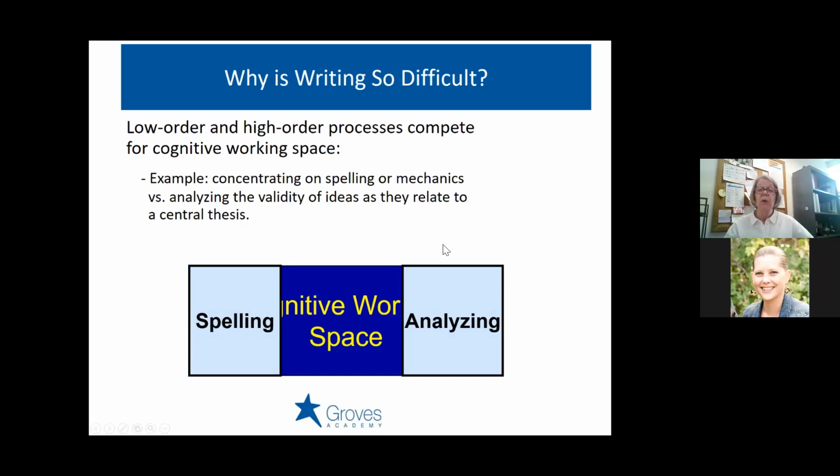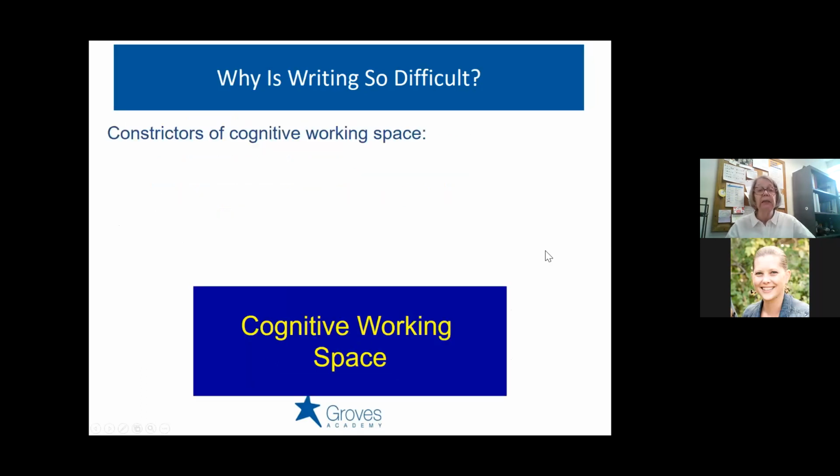So you've got spelling on one side and analyzing or critical thinking on the other. And that's going to cut down somewhat on your cognitive working space. It's going to put clutter on your countertop.